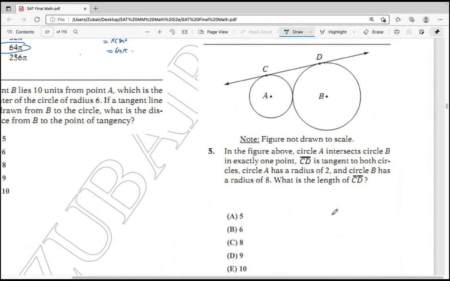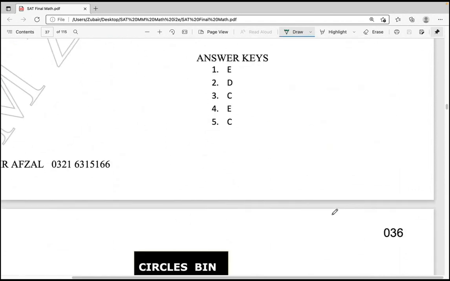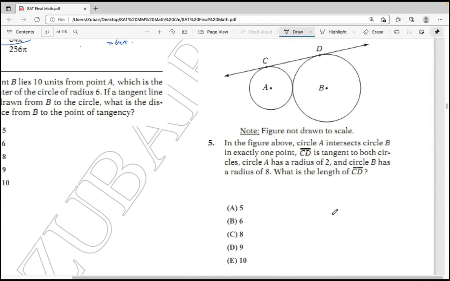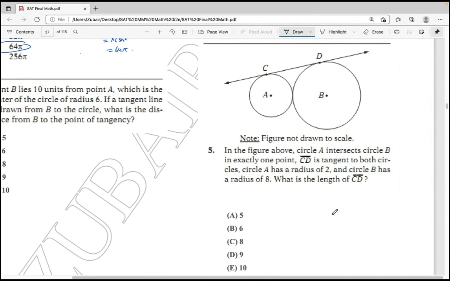So is it E? Number 5 is C. That's what I said. 8. This one? Yeah. So could you explain this one? Okay, Mohammed, let's explain him.